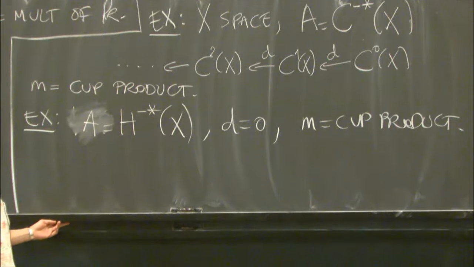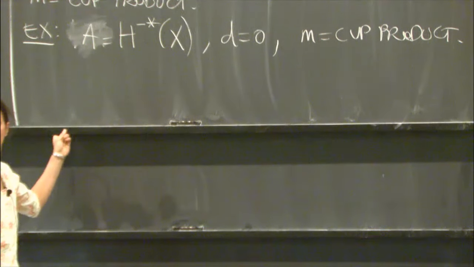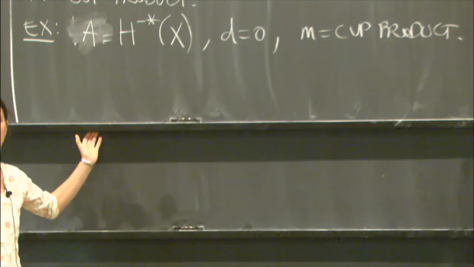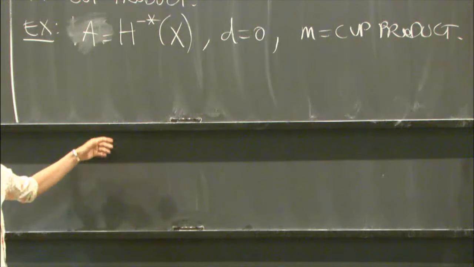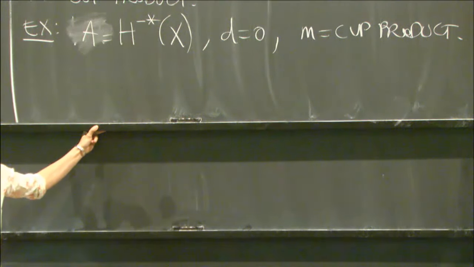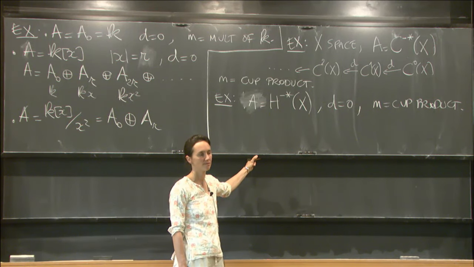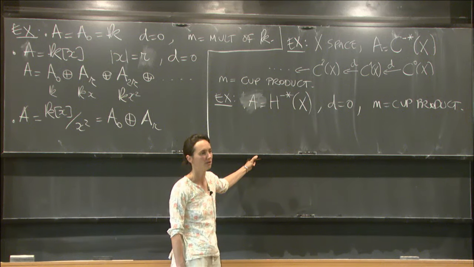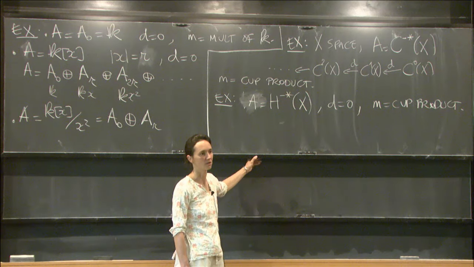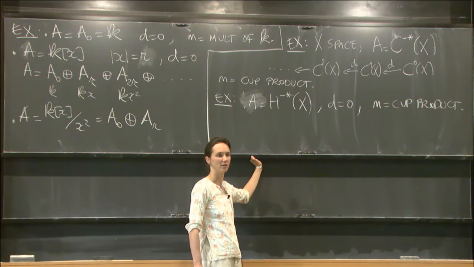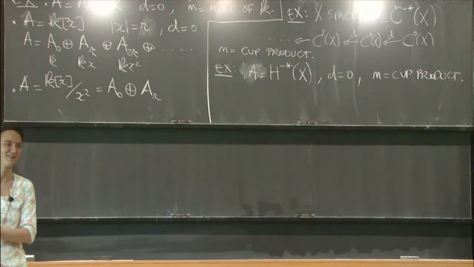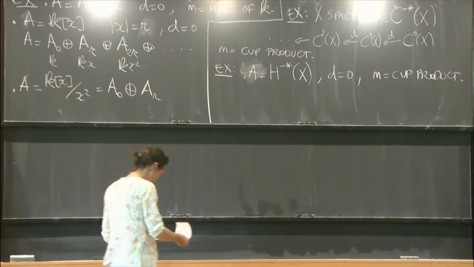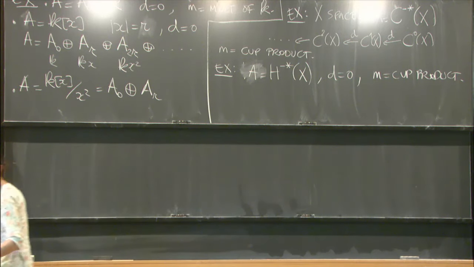Otherwise, I'll be creating a double complex, and I have to call one of the degrees minus. I mean, I don't have to, but I want to. Yes? So you always think of DGAs as having a decreasing degree? I do, but you don't have to, right? There's no reason. I just want it for today and tomorrow to have differentials that decrease degree, but you don't have to. Sorry about this. It's not such a big problem. Good.